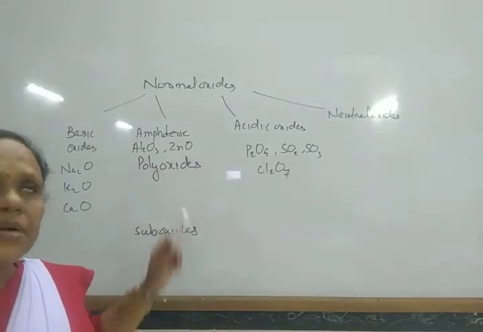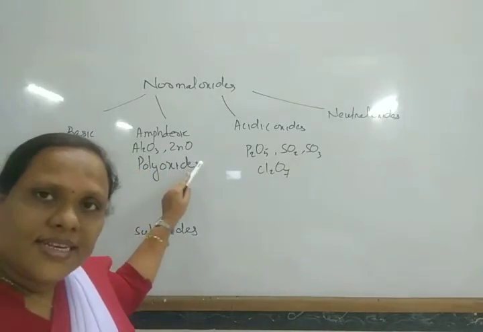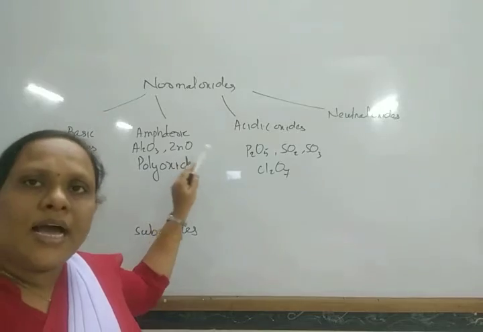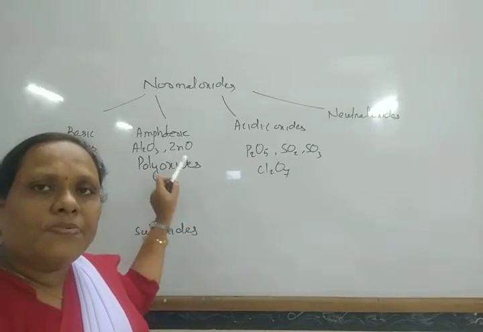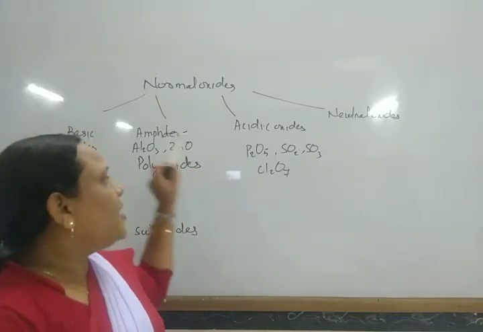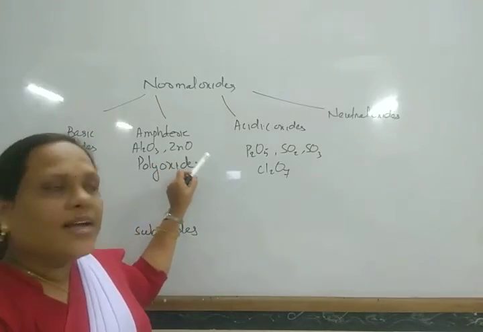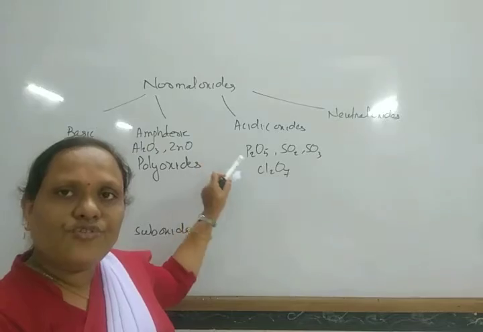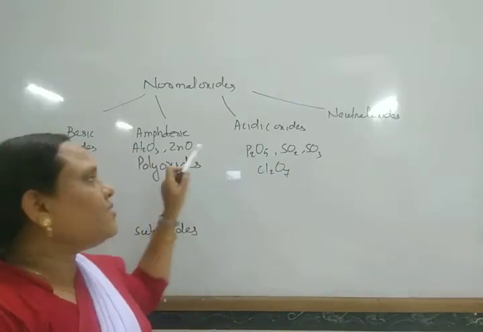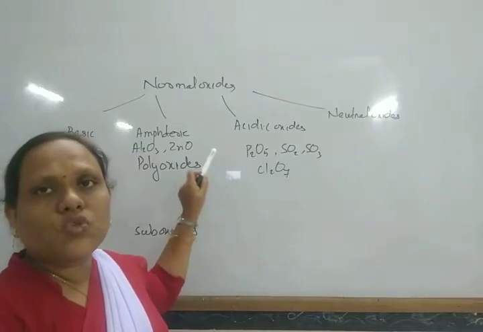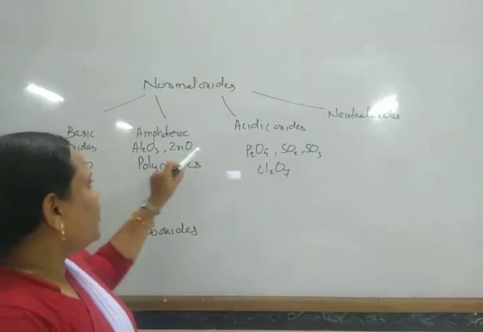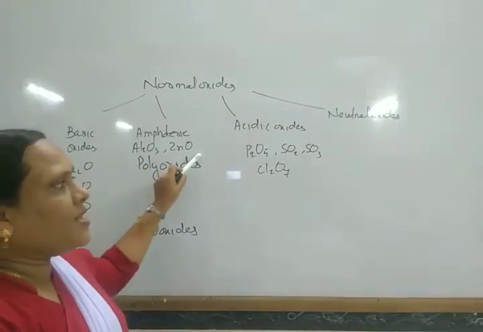Aluminum oxide, when treated with an acid like hydrochloric acid, gives aluminum chloride, and when it reacts with sodium hydroxide, it forms sodium aluminate. Similarly, zinc oxide reacts with acid to form zinc chloride, as well as reacting with bases like sodium hydroxide to form sodium zincate. In this way, these are amphoteric oxides.